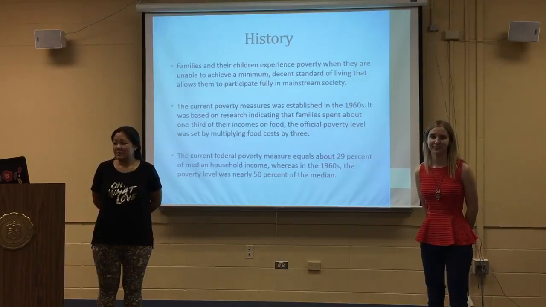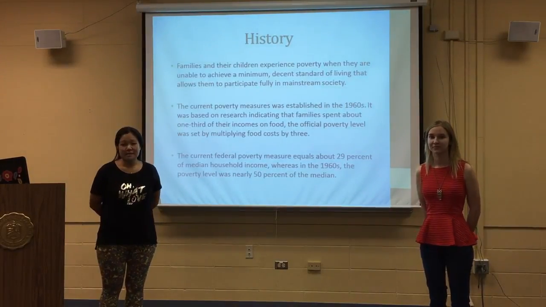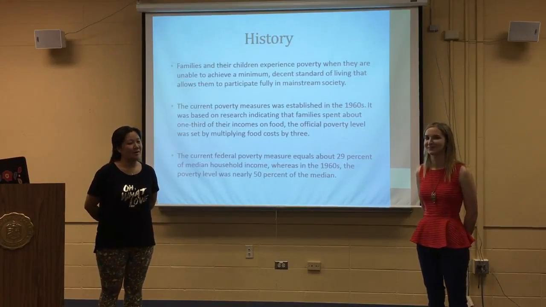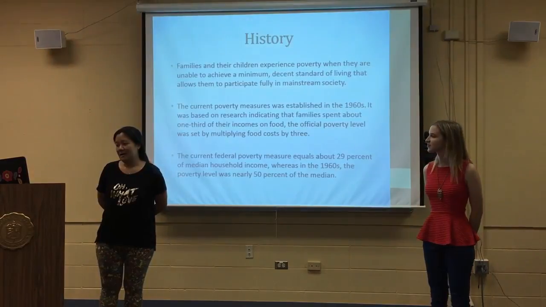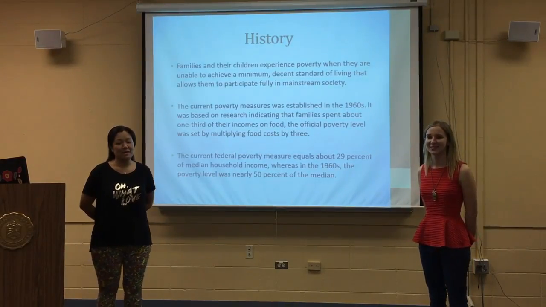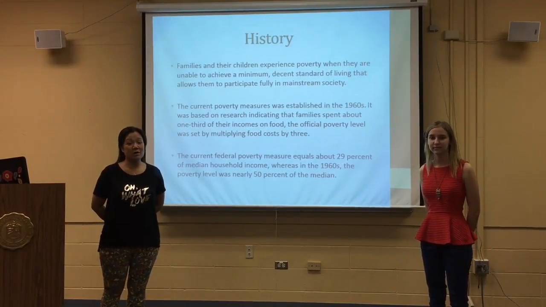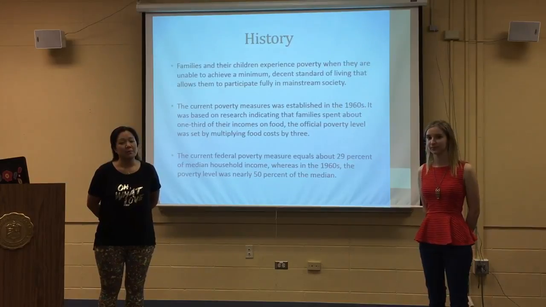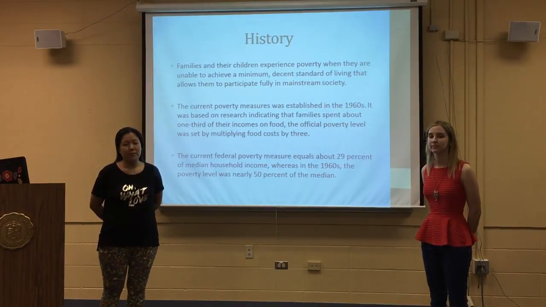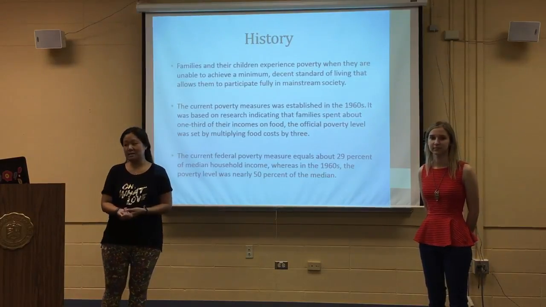Families and their children experience poverty when they're unable to achieve a minimum income and a decent standard of living, which is what puts them into that poverty or low income level. The current poverty measures were established in the 1960s, and they were determined by considering what a family needed to earn on a monthly basis and multiplying that by their family members to determine how much they needed to earn in order to sustain and take care of all their monthly necessities.